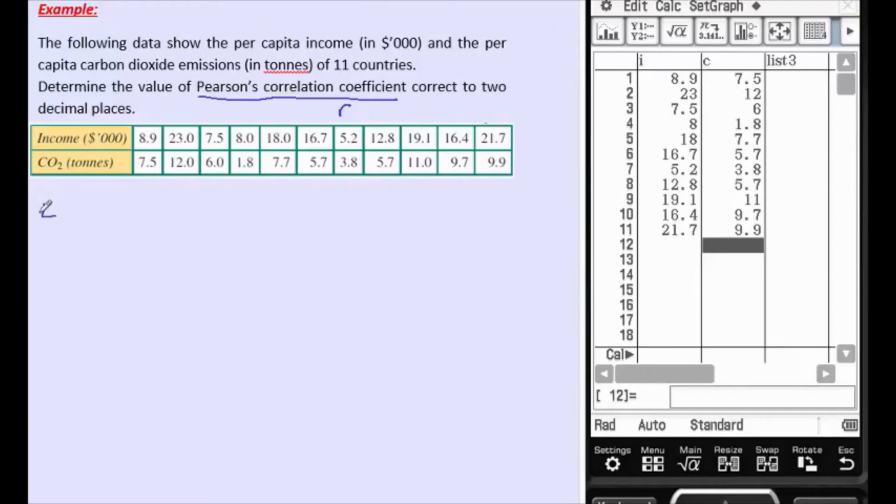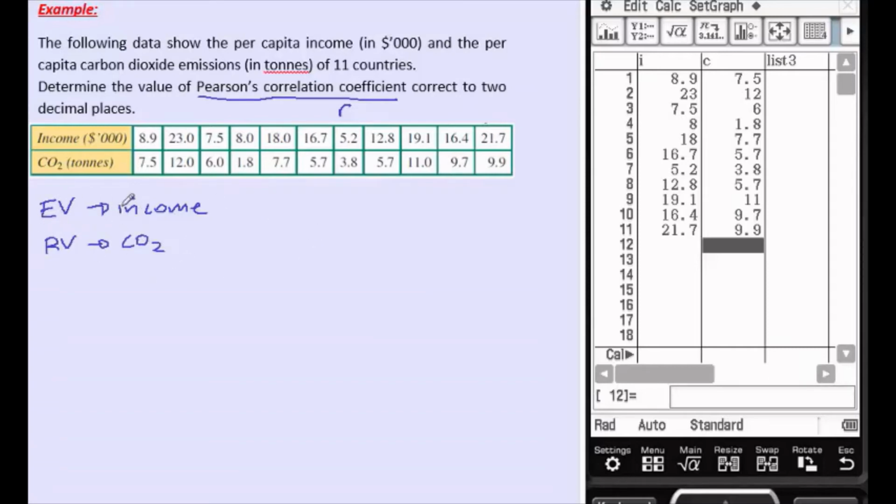So I'm going to write here EV is income. And we have a thought that the higher the income, potentially maybe the more carbon dioxide that's emitted. So therefore, my response variable will be the carbon dioxide emissions.